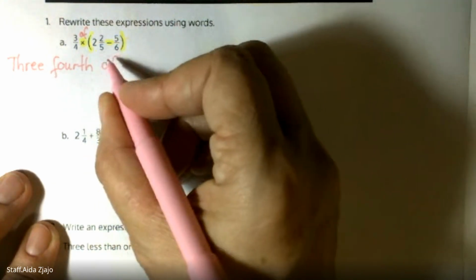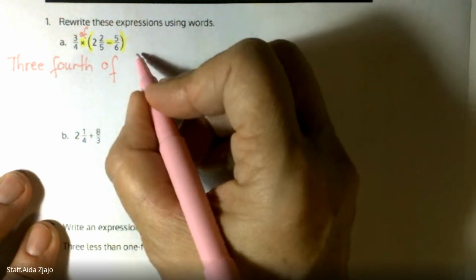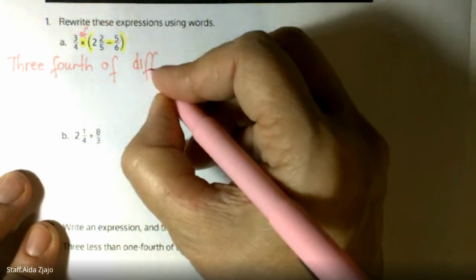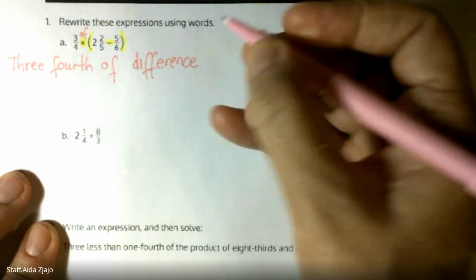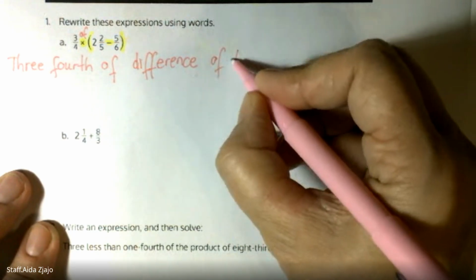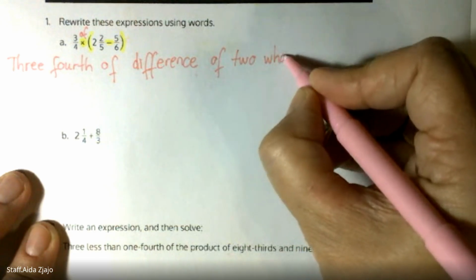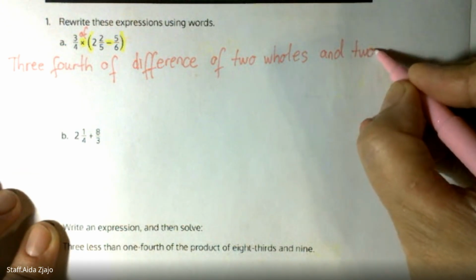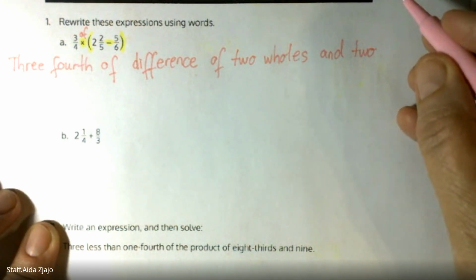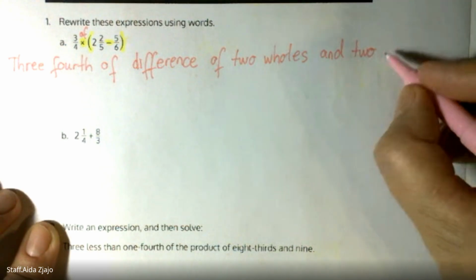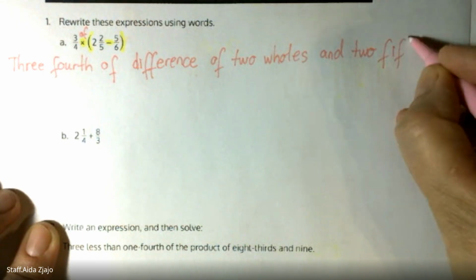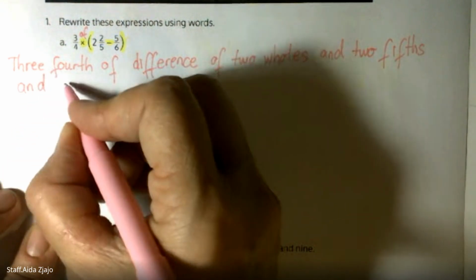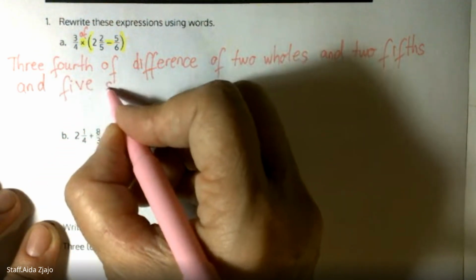So let's do that. 3/4 of the difference of 2 wholes and 2/5 and 5/6.